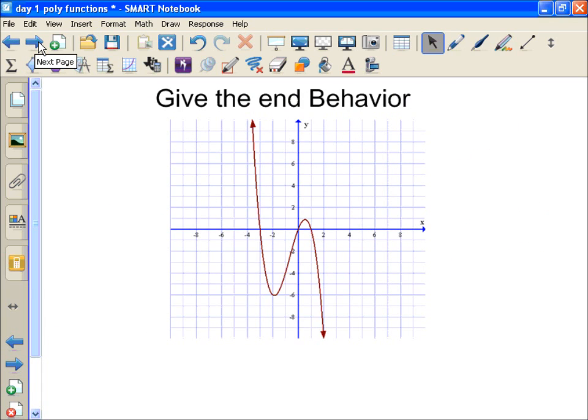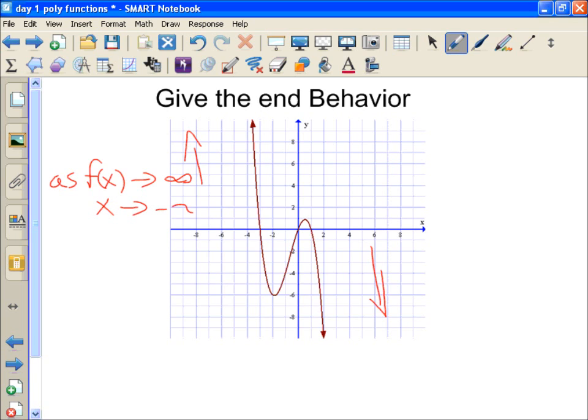So for example, in this function, what we would say the end behavior is. Now, simply, we would say that this is up, down. How they're going to ask it to you on the SOL is, as f of x approaches infinity, x approaches negative infinity.